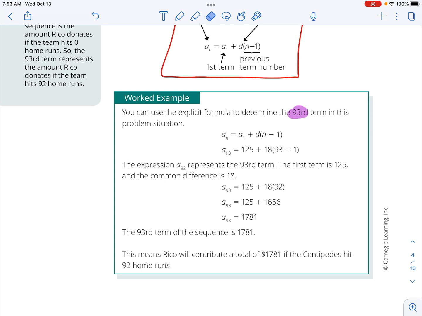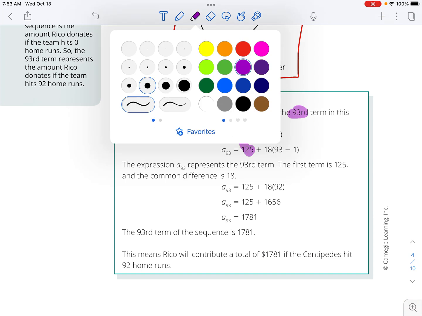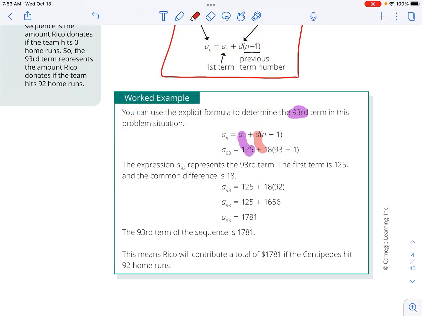Well, on Rico, he was going to donate $125 no matter what. So that's why they put $125 right there. We knew what the common difference was, 18, because he's adding 18 each time. Now the n is representing what term you want to find. We want to find the 93rd term, so that's why we put n as 93.